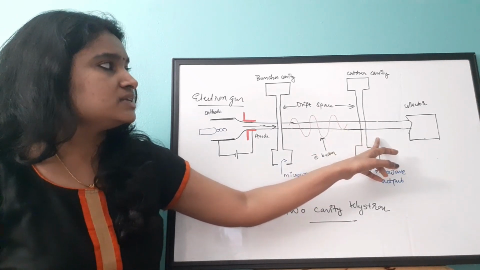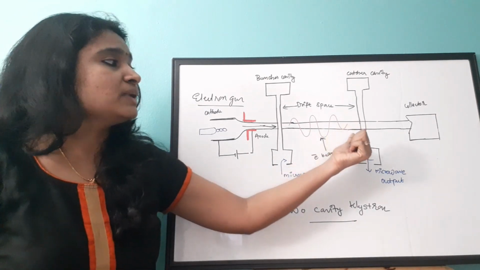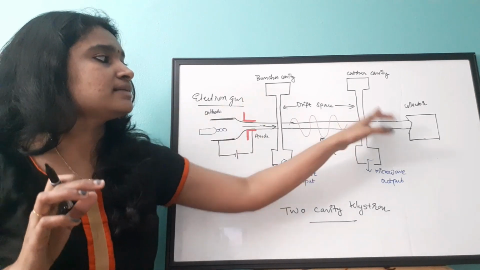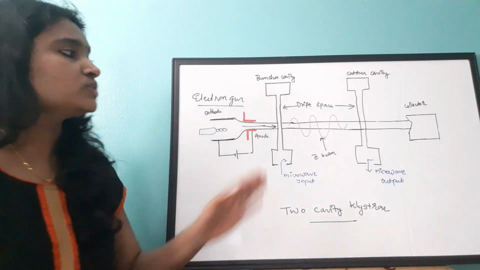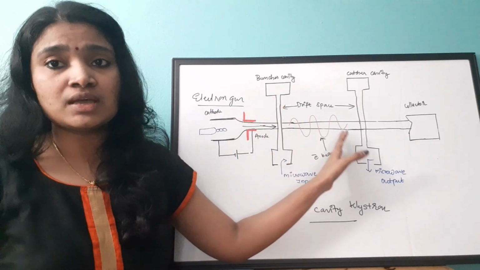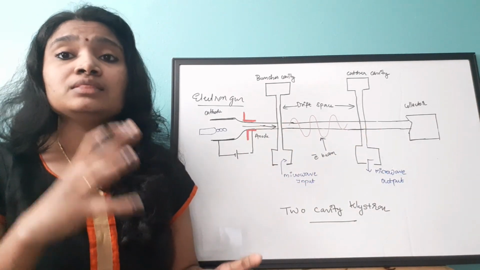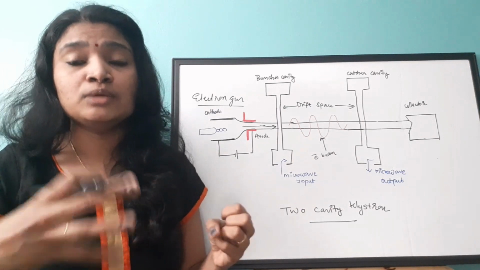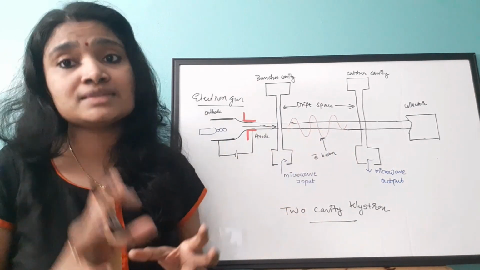In the catcher cavity, the electric field is applied in such a way that it will decelerate or block the flow of electrons. Okay, so here the electrons are getting bunched and reaching the catcher cavity, whereas in the catcher cavity they are actually decelerated. The high speed electrons are decelerated.